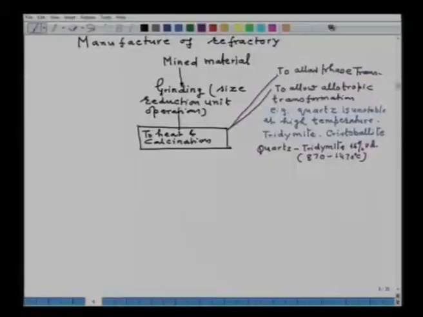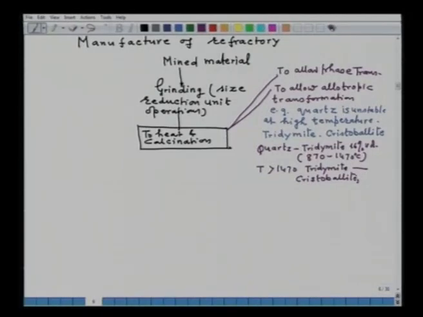What does it mean? The quartz phase on heating transforms to tridymite, and there is an increase in volume of 16%. So, that particular allotropic transformation must be taken care of. Now, at temperature greater than 1470, the tridymite transforms to cristobalite, and there is a contraction of volume.